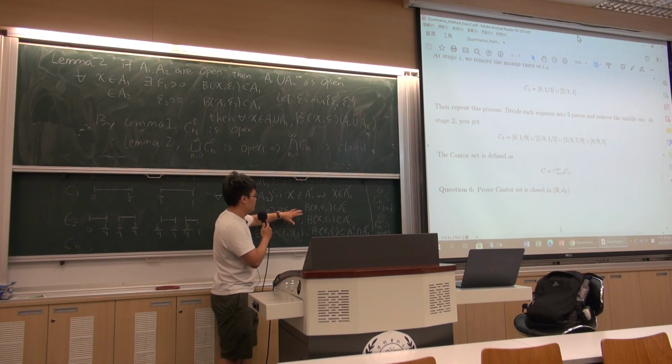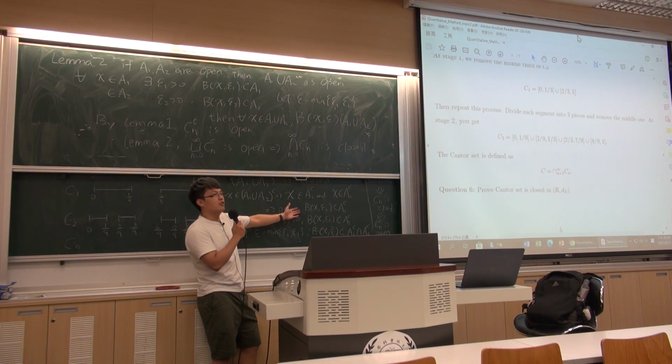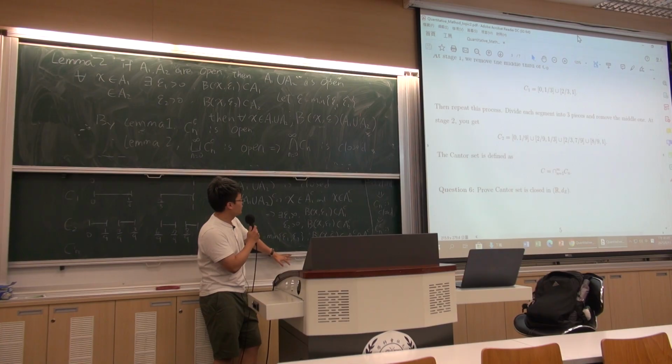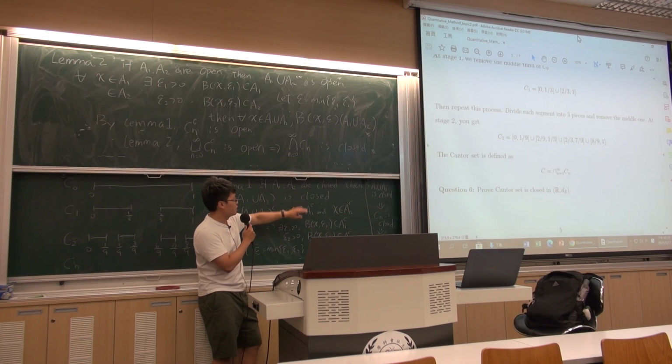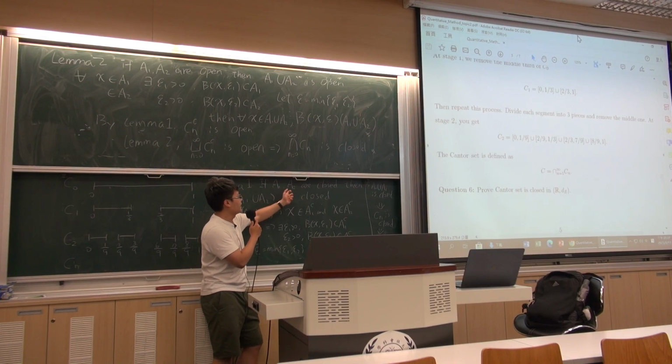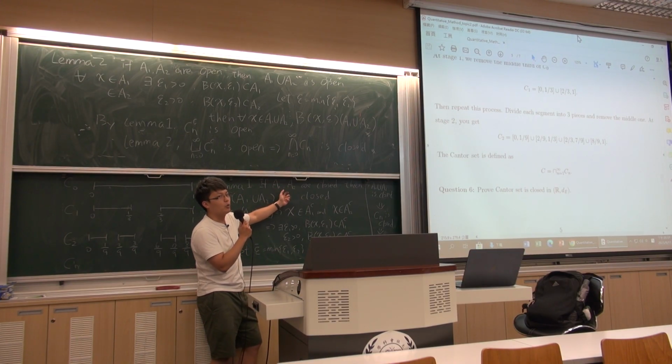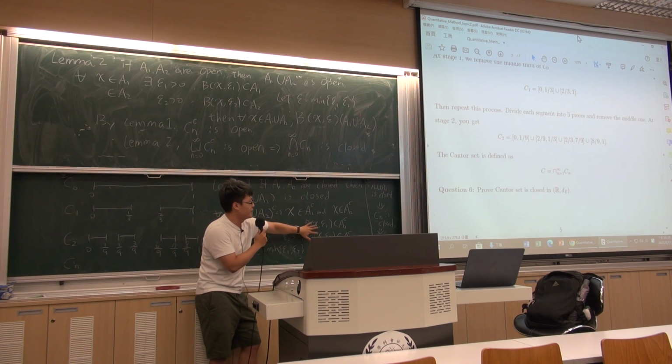Why can I do it? Because based on the condition we have, A1 and A2 are closed, so we already know that the complement of A1 and the complement of A2 are open, right? That's why I can write it this way.